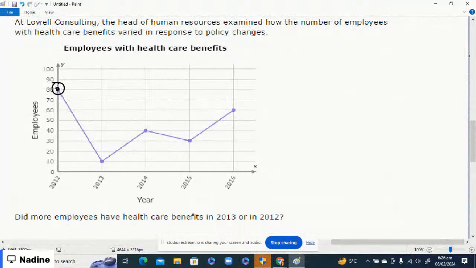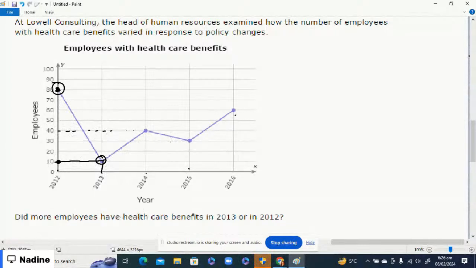Here is the point mark, so we can say that this is on 80. This is 2012. On 2013, the point mark is here, and it lies at 10. Am I right? This is 10. For 2014, it's on 40. On 2015, it's on 30. On 2016, it's on 60.